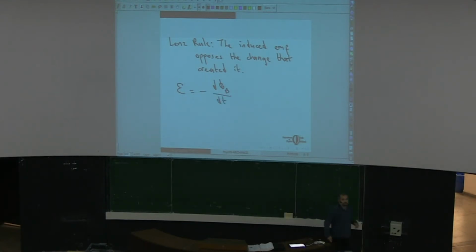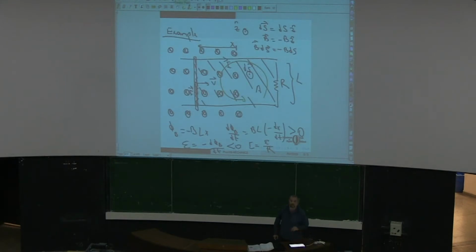So, let's go back to our example again, this one, in this configuration. This one is moving in this direction, so that is what is creating this induced EMF, the motion of this rod. Now we can say that as the rod is moving, the change in the flux, is it positive or negative?